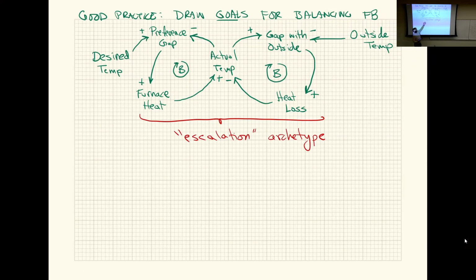So as one of them gets closer to their goal, it creates a threat for the other one, and it cranks up its activity, which creates a threat for this one, and they escalate. And so what ends up happening is that this variable gets stabilized, it gets balanced, but these variables here effectively never turn off. It's like the furnace will always keep running and the heat will always be lost.